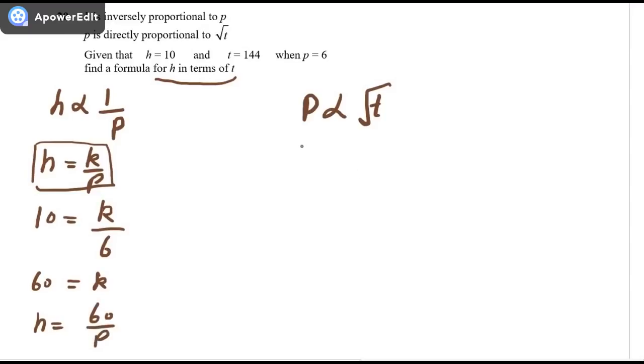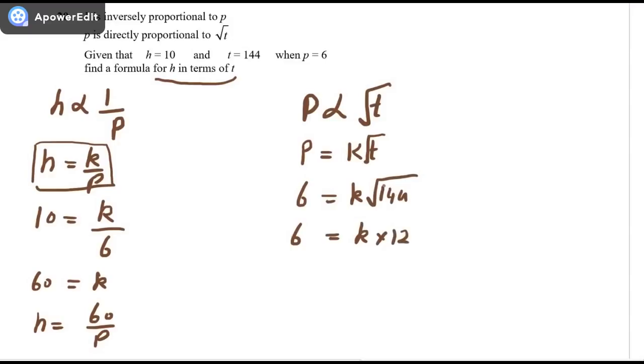Now to solve this bit, we're going to do p is equal to k root t. Again, p is 6, and k root t is going to be 144 root, so 6 equals k times 12, you got it. 144 root is going to be 12.